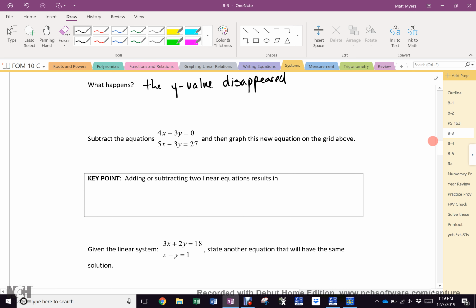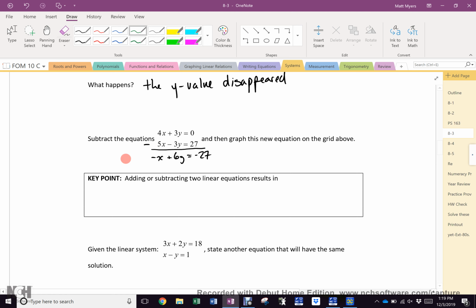Let's subtract the equations. What's 4 minus 5? Negative x. What's 3 minus 3? Positive 6y. And what is 0 minus 27? How would we put that on the grid? I should have done that in a different color.